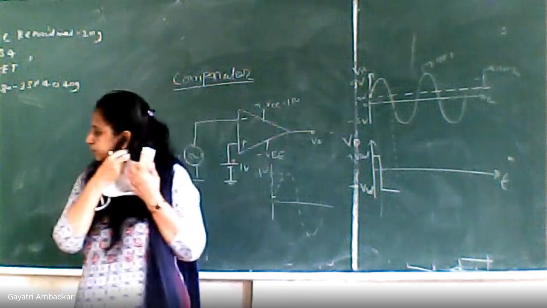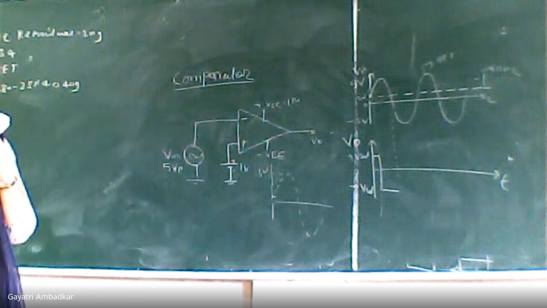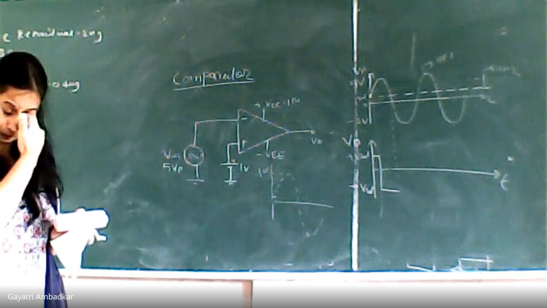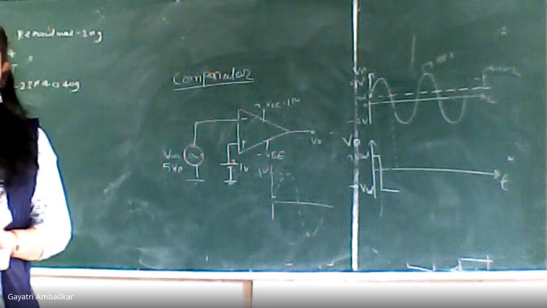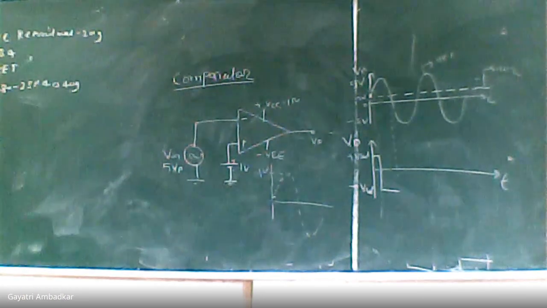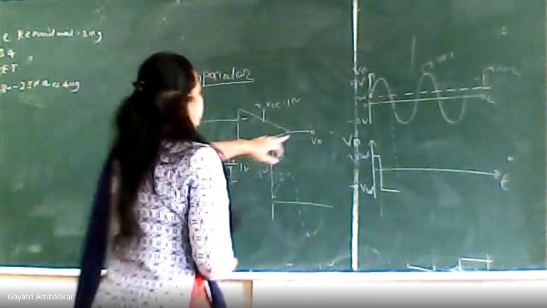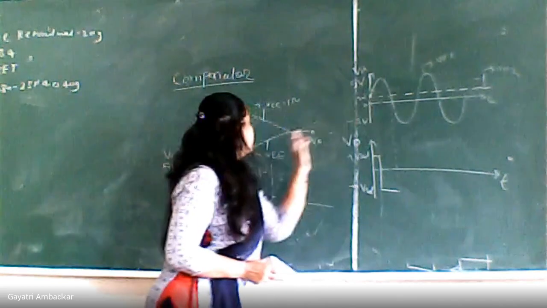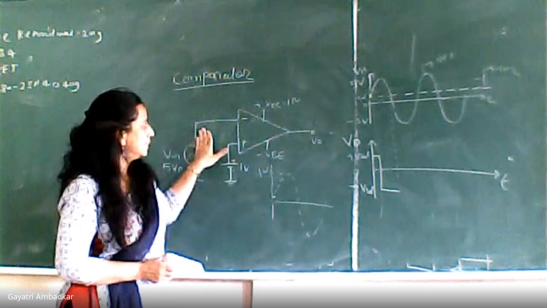Further, what will happen? Look ahead. So from 1 to 5 volt, the AC signal is greater.